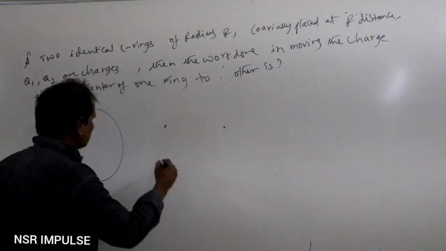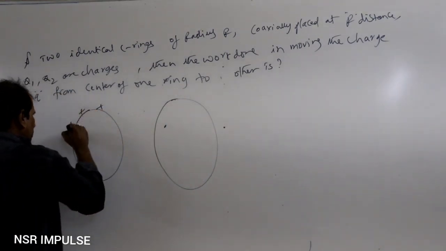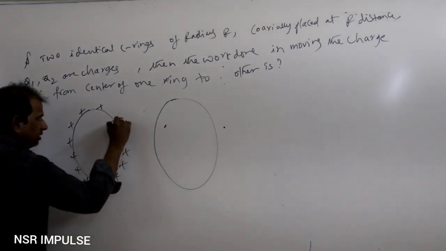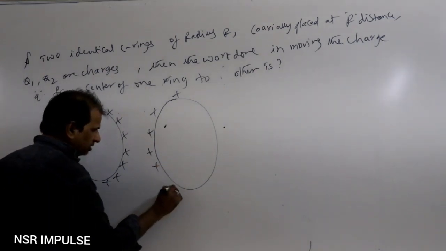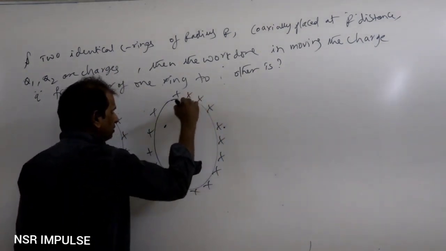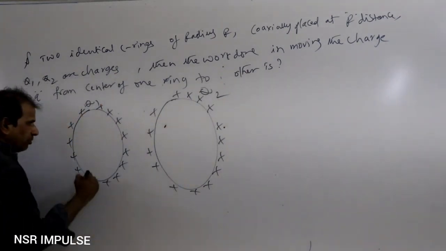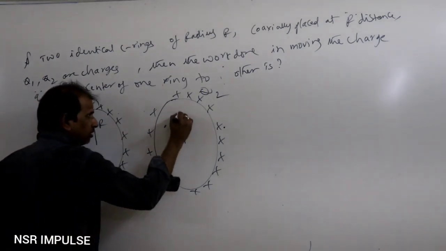Here positive charge is taken, and here also positive charge is taken. This has charge Q1 and this has charge Q2. Its radius is also R.